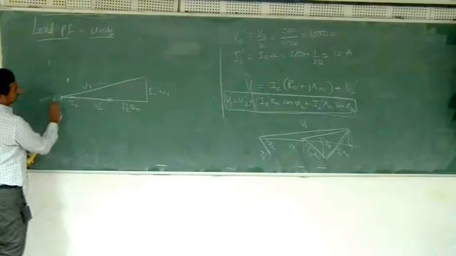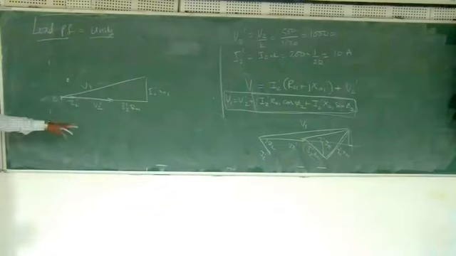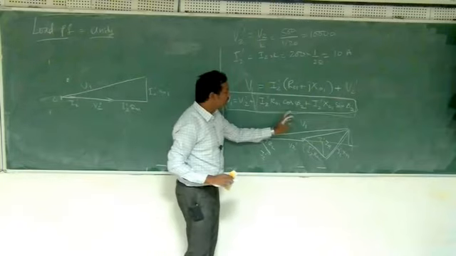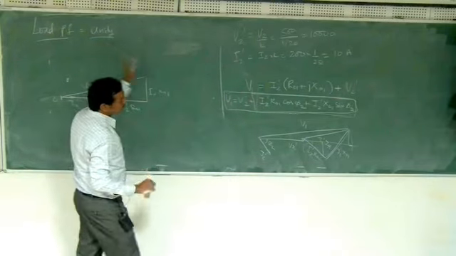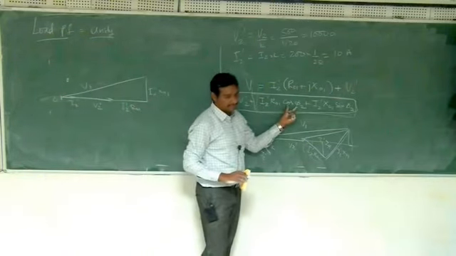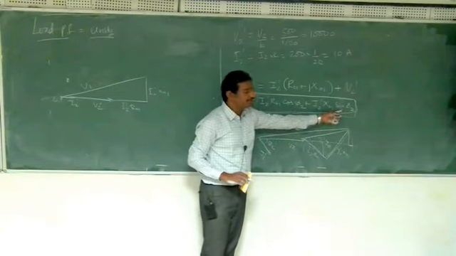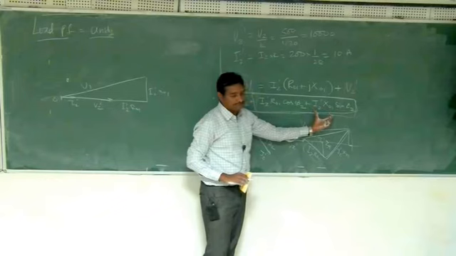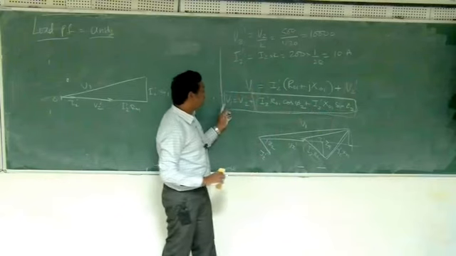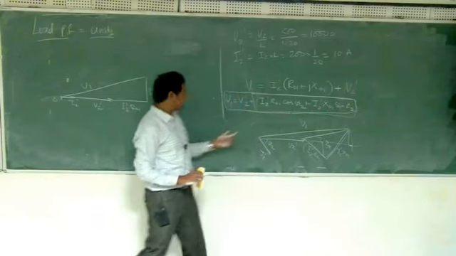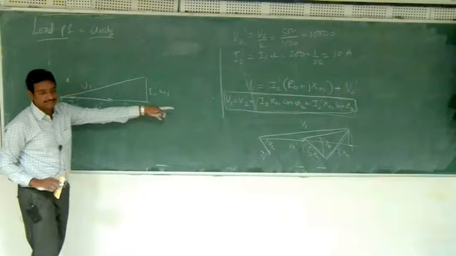So, let's take this as 0. Now, this formula still holds, because if the power factor is unity, that means cos term will be 1, sin term will be 0, sin of 0 degrees will be 0, this whole term will be ignored, and then your V1 will be nothing but these two terms. So, this is still okay.